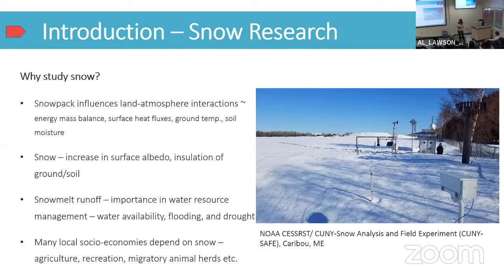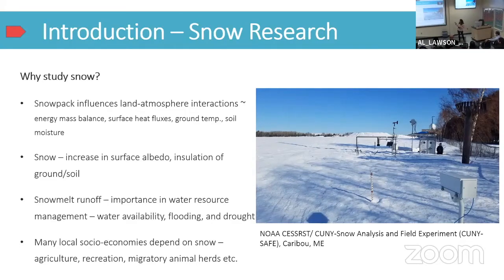It also is important because of the snowmelt, especially during spring, which is important for water resources management, like water availability in terms of municipal water use or recreational purposes, and also has an important role to play in flooding and drought.